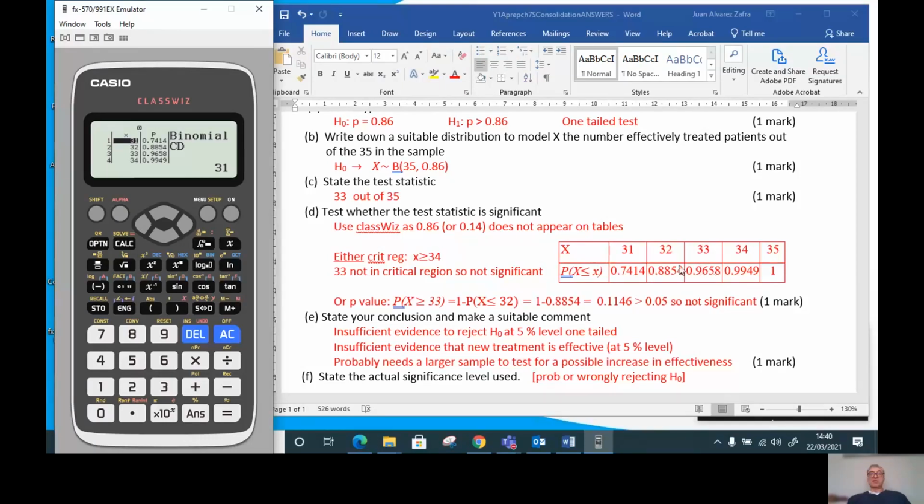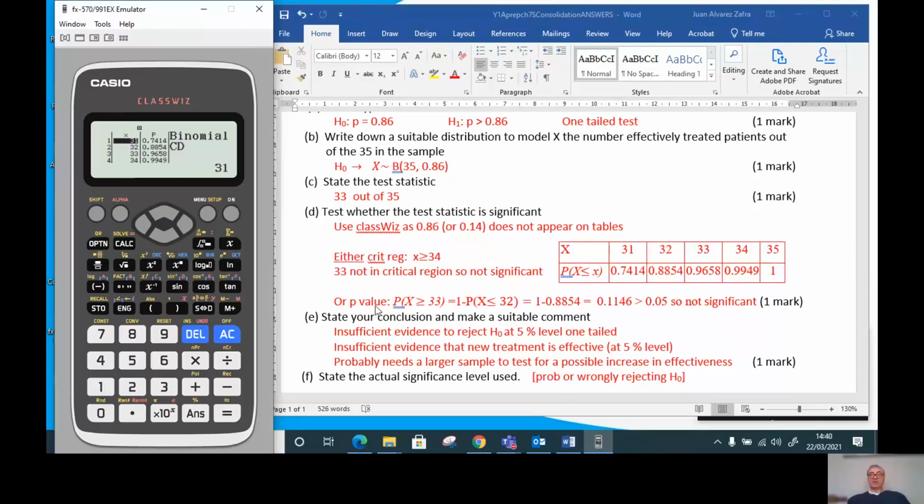So the probability of being 34 or more is going to be 1 minus 0.9658. And so that is the critical region, X being greater than or equal to 34. Because 33 does not lie in the critical region, it doesn't lie in the region X greater than or equal to 34, it means that 33 is not significant. Therefore, we retain H0. We do not reject H0.